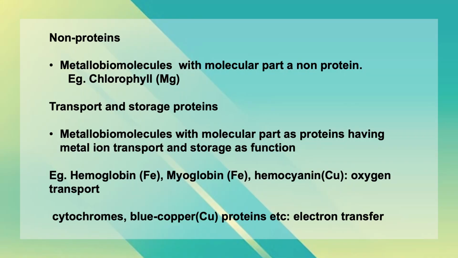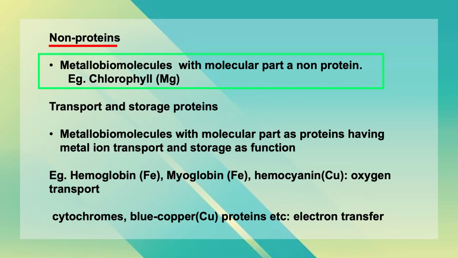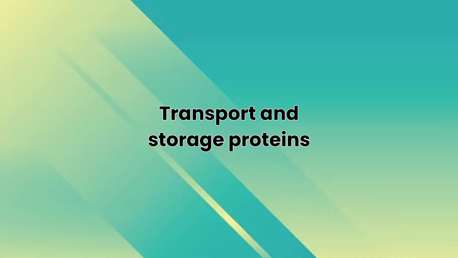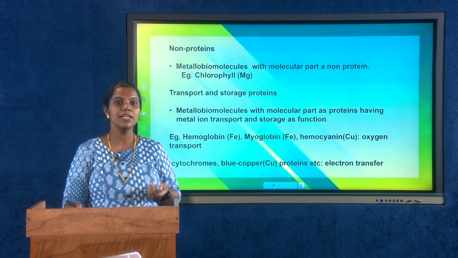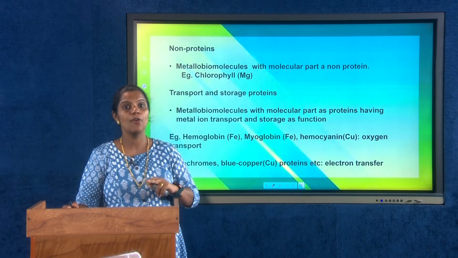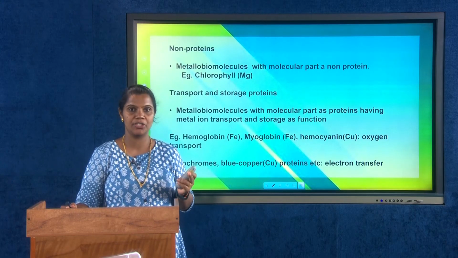Now, moving on to the non-proteins present in living systems, the metallobiomolecules with a non-protein molecular part are the non-protein metallobiomolecules. For example, chlorophyll. The metallobiomolecules with a protein molecular part are mainly transport and storage proteins, having metal ion transport and storage function.